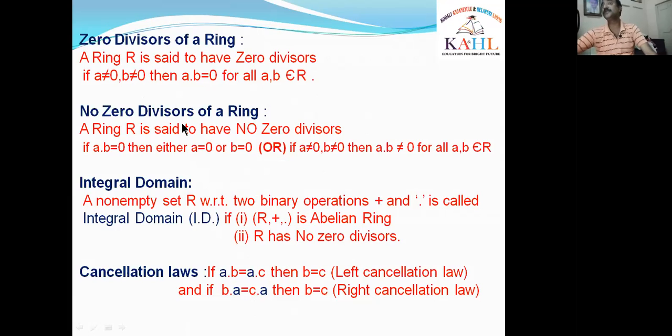Here, no zero divisors means A not equal to 0, B not equal to 0, AB not equal to 0, which is the opposite meaning. Zero divisors: A not equal to 0, B not equal to 0, product is 0. No zero divisors: A not equal to 0, B not equal to 0, product is not equal to 0.